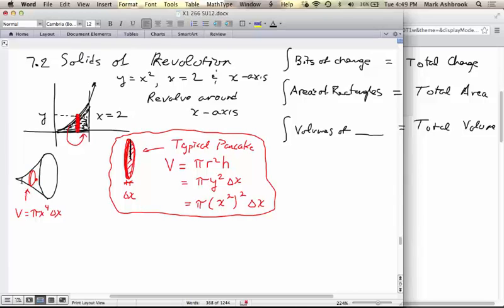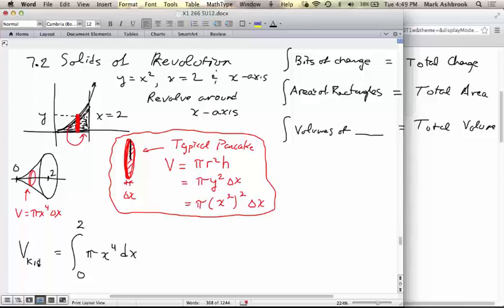And we're going to add up all those volumes of all those pancakes from where to where? 0 to 2. The first pancake will be at x equals 0, and the last one will be at x equals 2. So we're going to do the integral from 0 to 2 of pi x to the 4th dx.